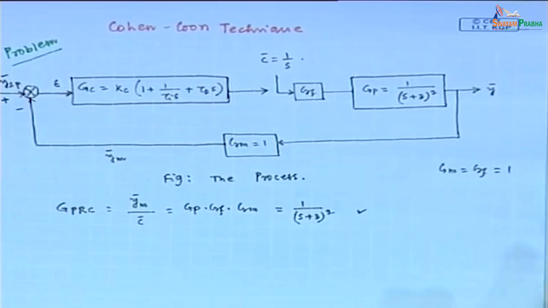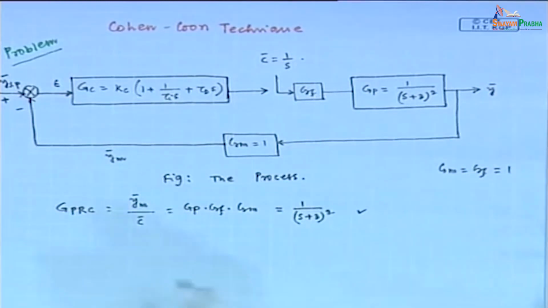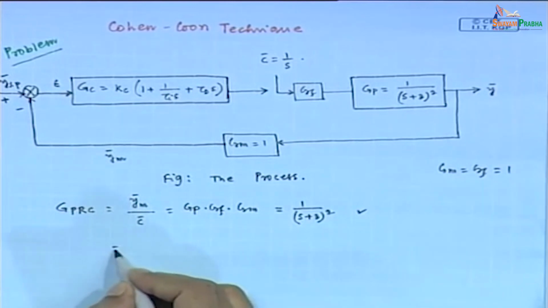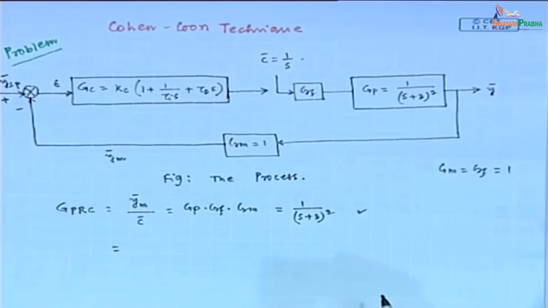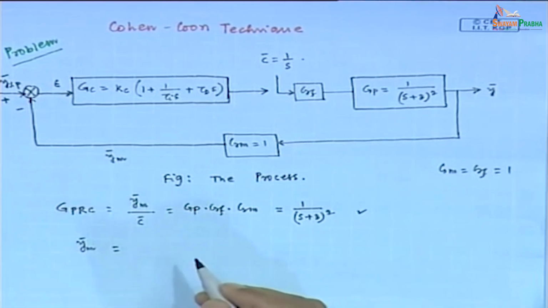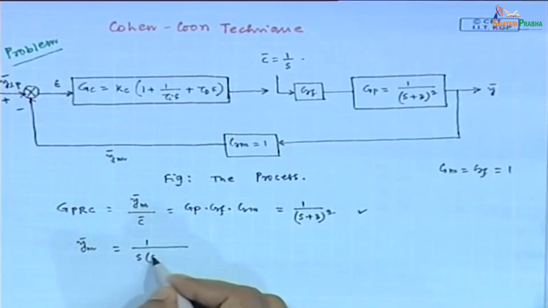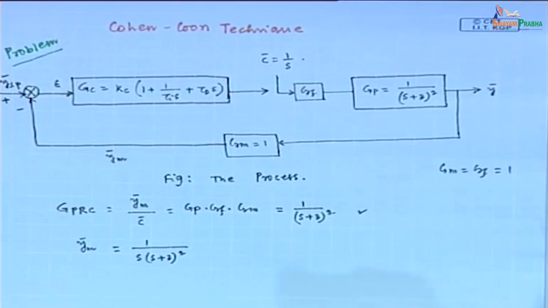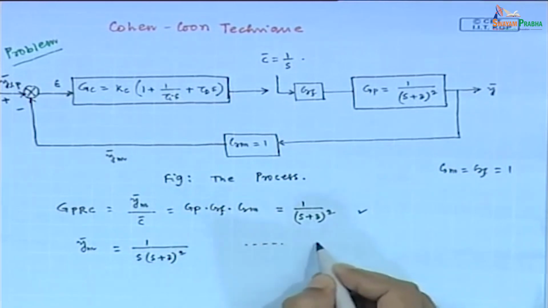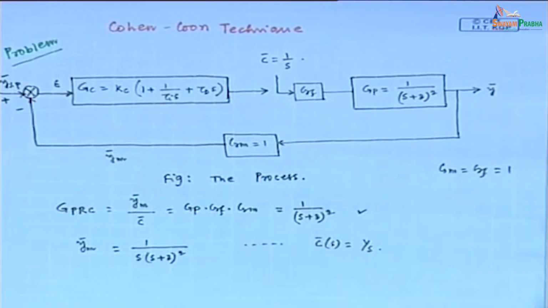As mentioned, a unit step change is introduced in the input signal to the final control element. So, the output becomes 1 divided by (s plus 3) whole square, when C bar s equals 1 by s.